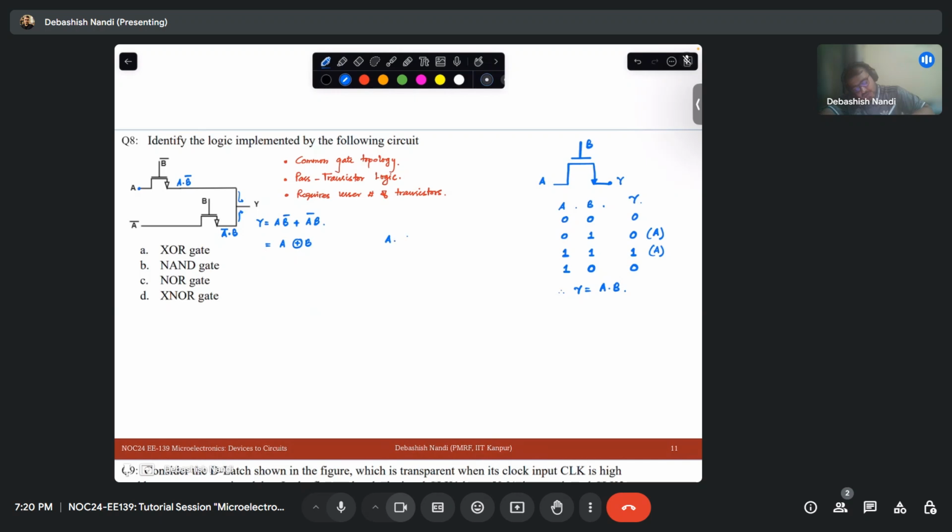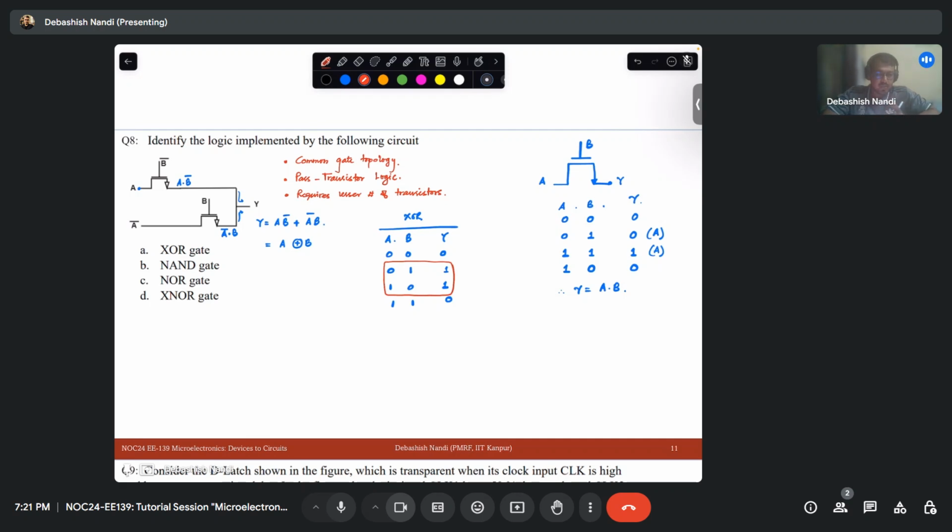What is the truth table of an exclusive OR gate? 00, 01, 10, 11. When A and B both are 0, Y will be 0. Similarly, when one is 1 and the other is 0, the output is 1. Note that the name exclusive OR comes from the fact that when any one of the inputs is 1, then only the output will be 1.